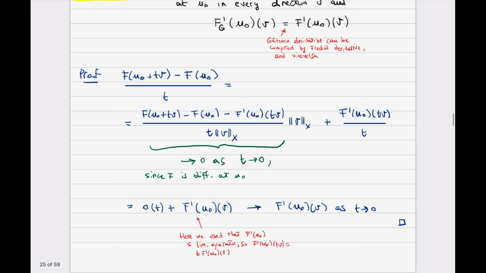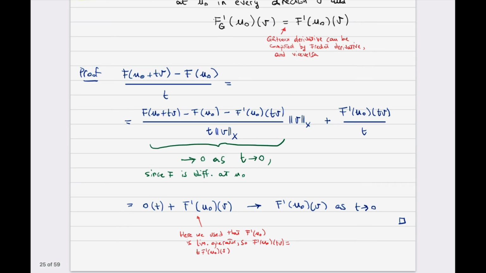Okay, the proof again is very easy. So let's write down the definition of the Gateaux differential: f of u0 plus tv minus f of u0, divided by t. And here we can first add and subtract f prime of u0 evaluated at tv.